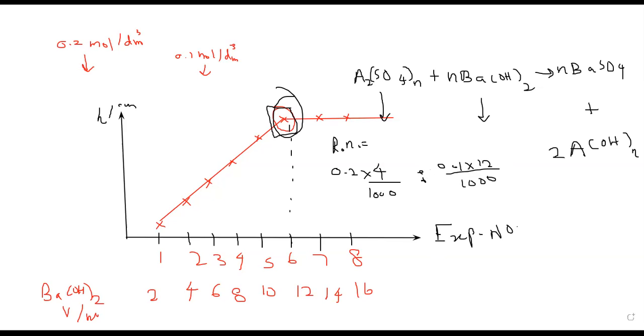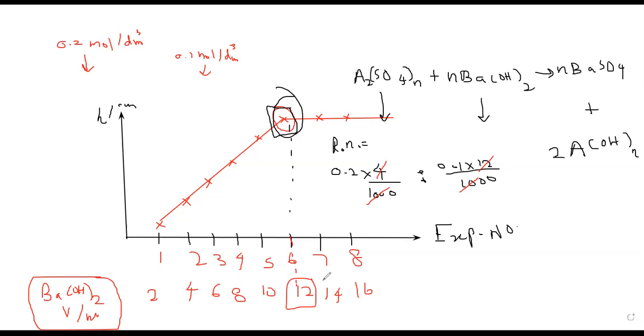Take the simplest ratio. The 1000 cancels off. Why is it 12? In the sixth experiment, they added 12 milliliters of barium hydroxide.